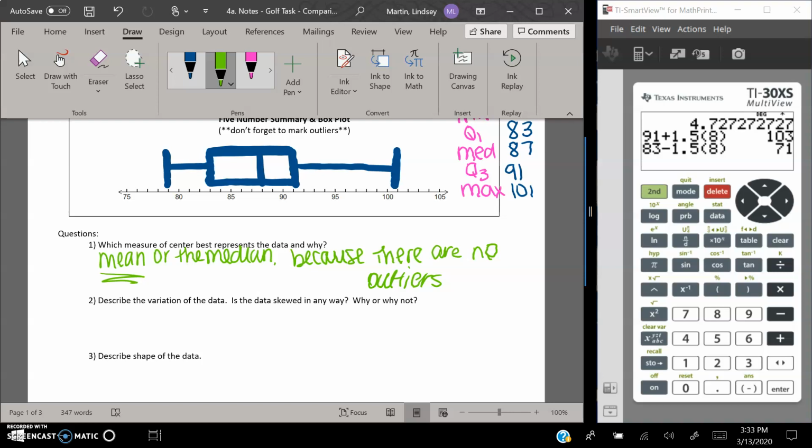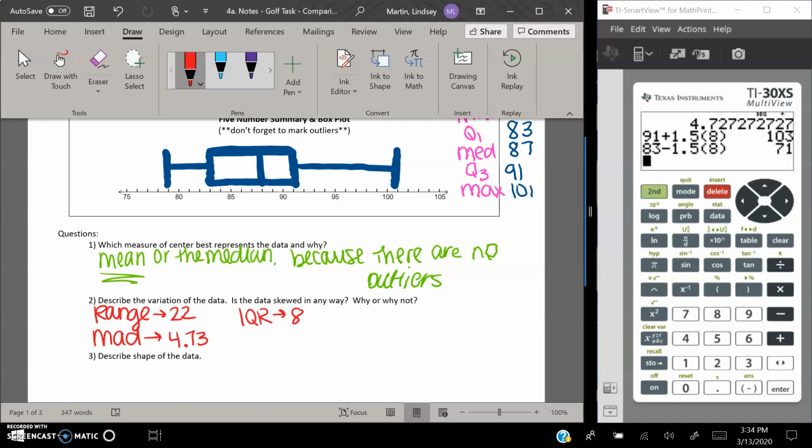Now we want to describe the variation of the data. Remember that there are 3 different ways to describe the variation. We can describe the variation using our range, which we found earlier, which was 22, our MAD, found previously, which was 4.73, or our IQR, which is 8.